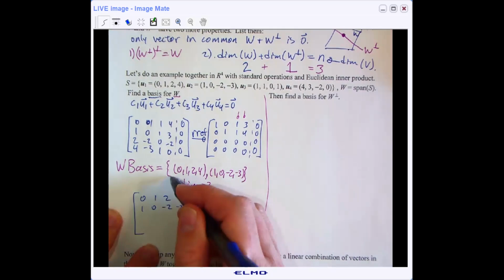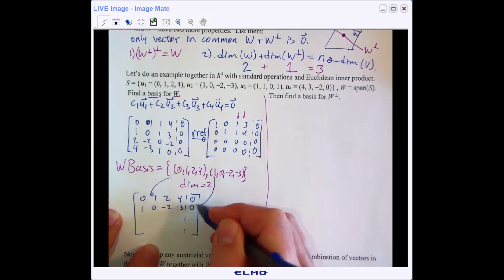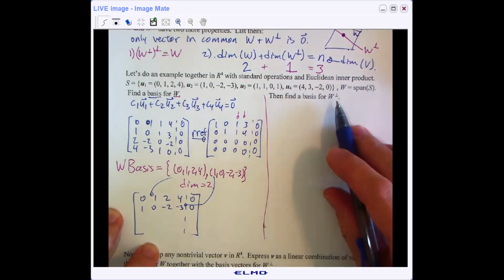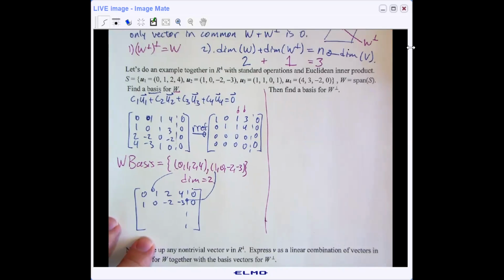So knowing that these vectors would be the rows of my matrix, if I find the null space of that matrix with these as rows, that null space will be a basis for the orthogonal complement. So if we take this matrix, RREF it, and find its null space, we'll find the orthogonal complement. Let's do that.